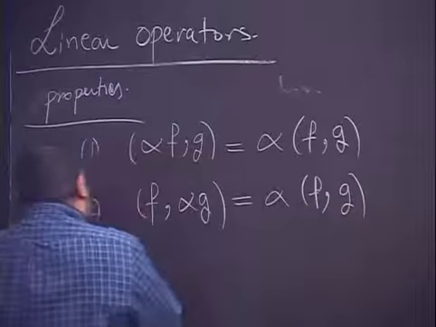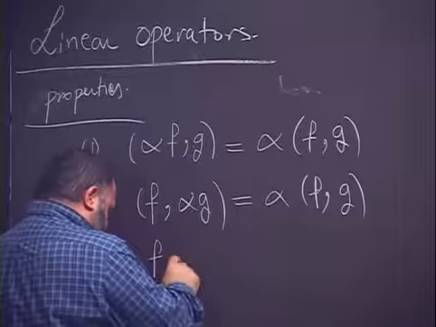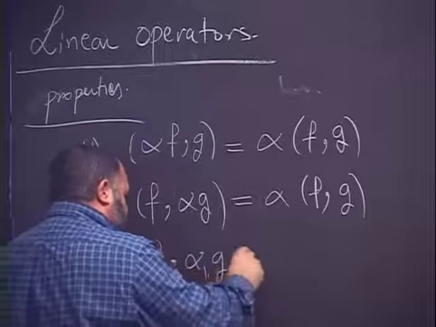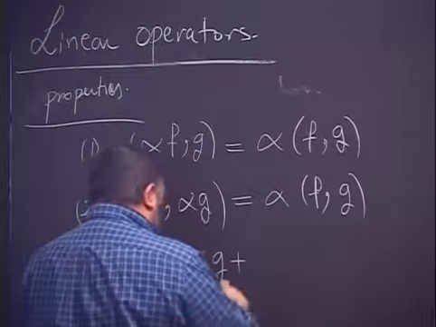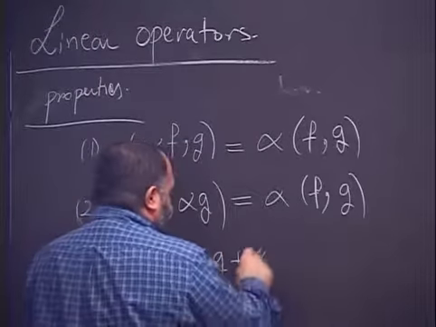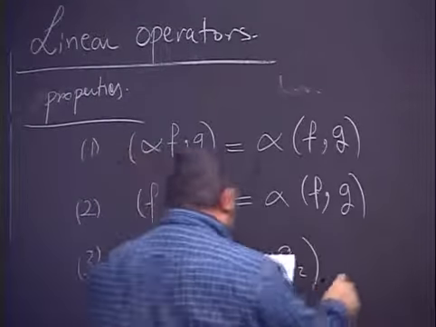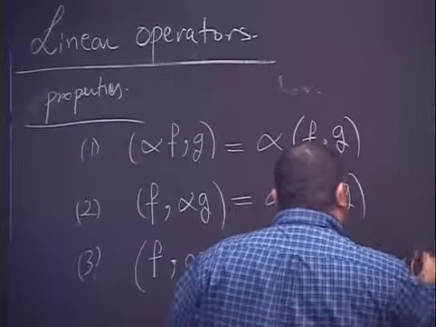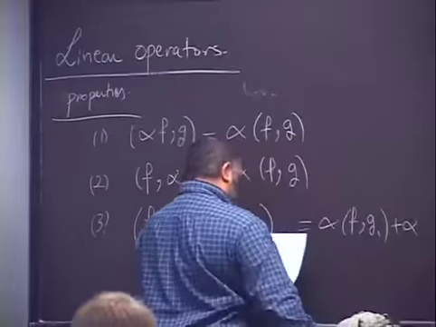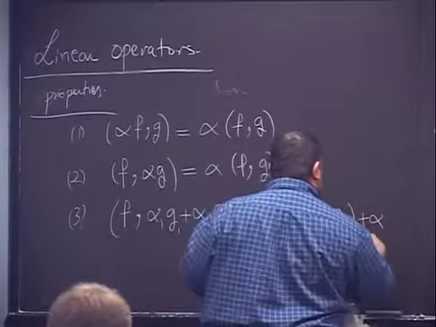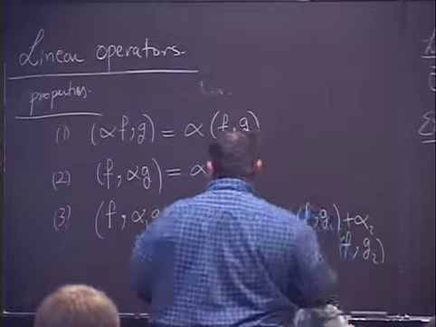The third property is if you have f inner product with a linear combination alpha 1 g1 plus alpha 2 g2, this will give you alpha 1 times the inner product of f and g1, plus alpha 2 times the inner product of f and g2.